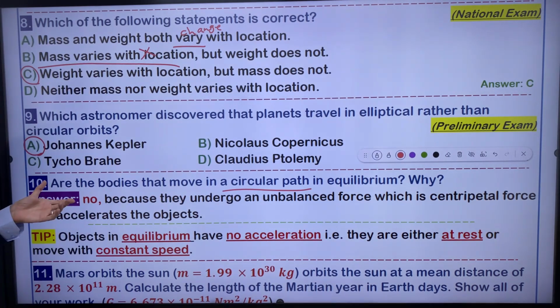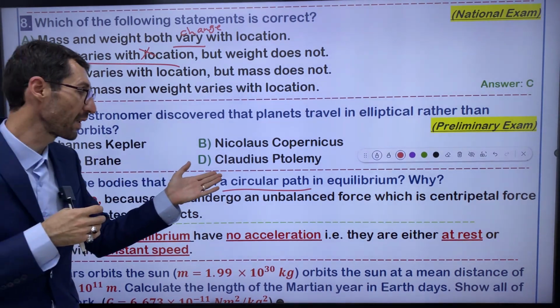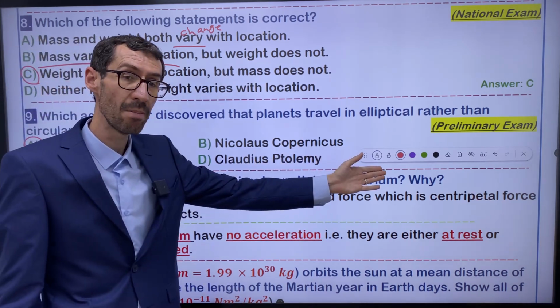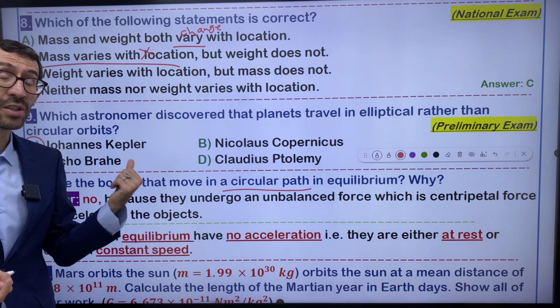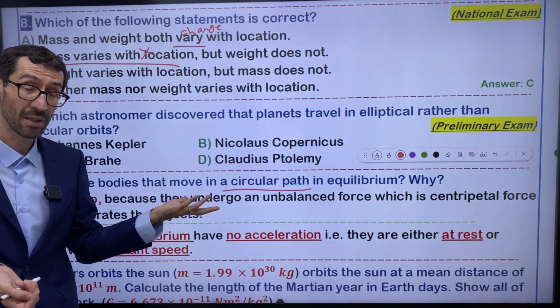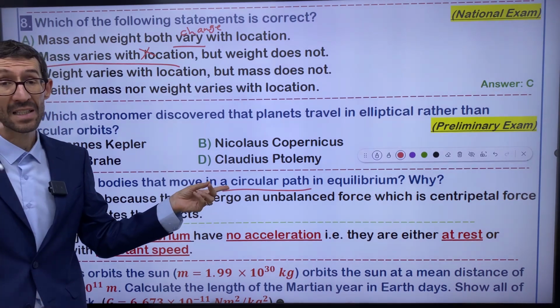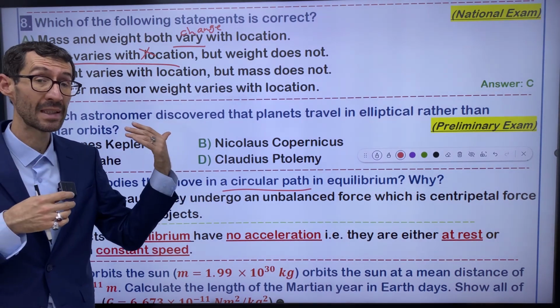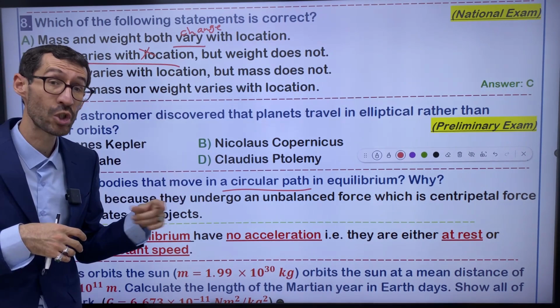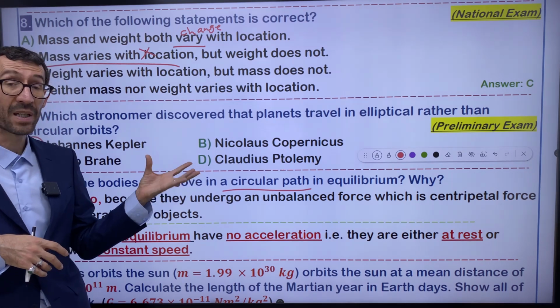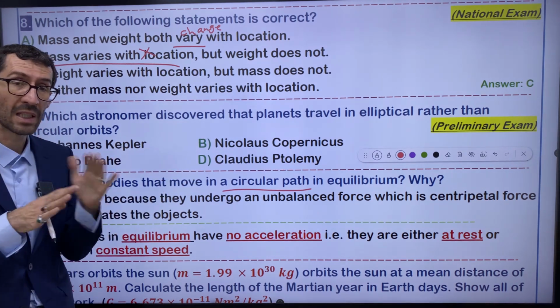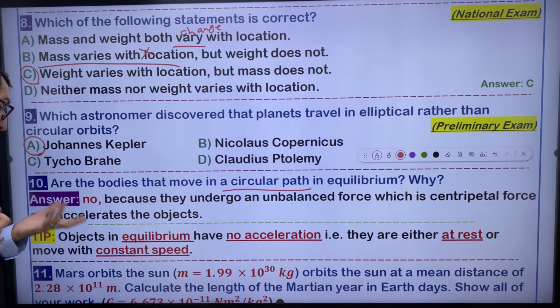So, are the bodies that move in a circular path in equilibrium? No, because objects in a circular path undergo centripetal acceleration, right? They have this centripetal acceleration due to their track. That's why, because they pick up centripetal acceleration, they are not in equilibrium.